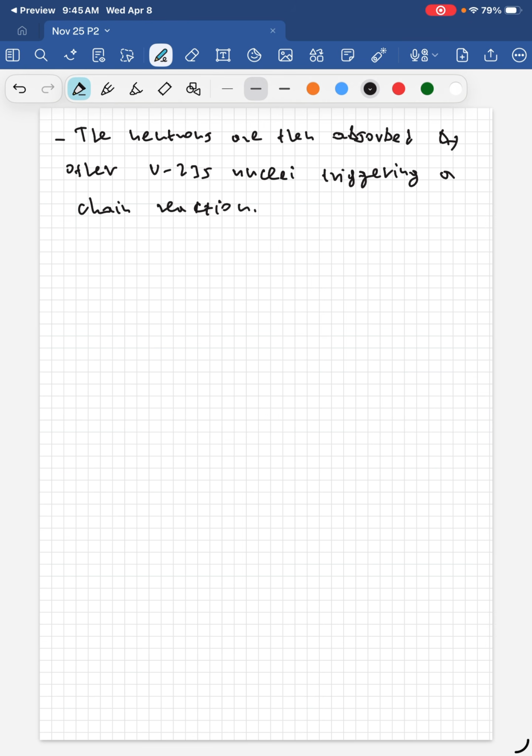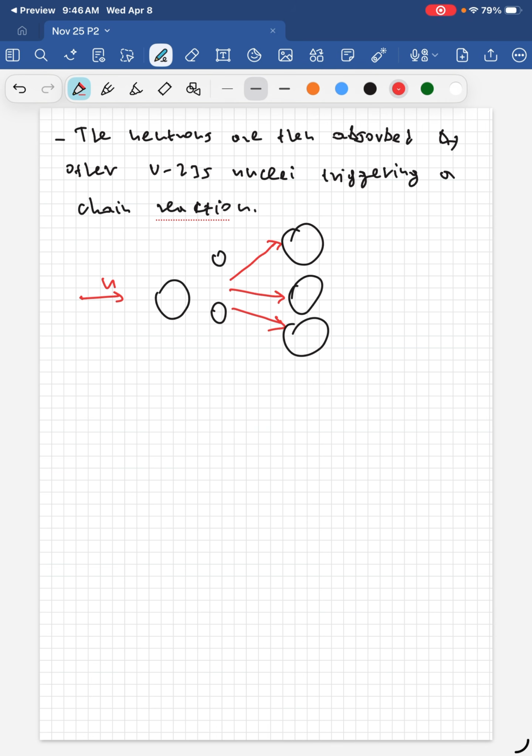So what's going on is that if this is a uranium-235 atom and we fire a neutron towards it, it then splits into lighter nuclei and releases more neutrons. Those neutrons go on to find other uranium-235 nuclei, which split again, and they release more neutrons. Neutrons are red in this picture. So this triggers a chain reaction. Okay, so this is the idea.